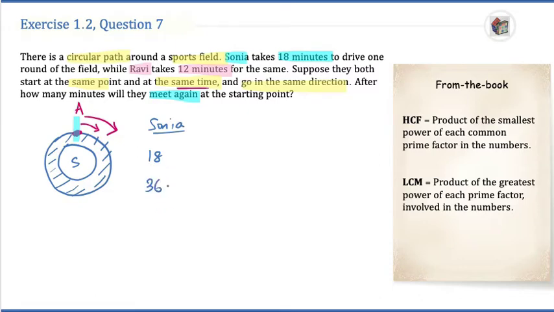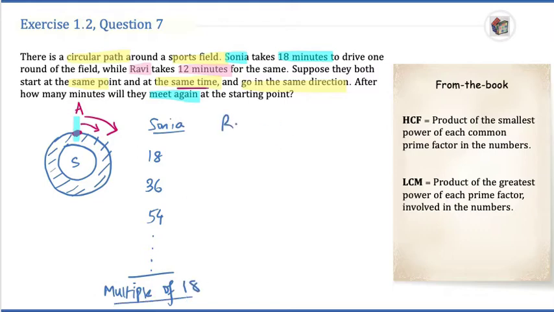Now 18 plus 18 is 36. Then if you add another 18 to this, you would get 54 minutes and so on. So what is really happening is that Sonia will be at point A after every 18 minutes. So the number of minutes here, as you see, each of them is a multiple of 18.